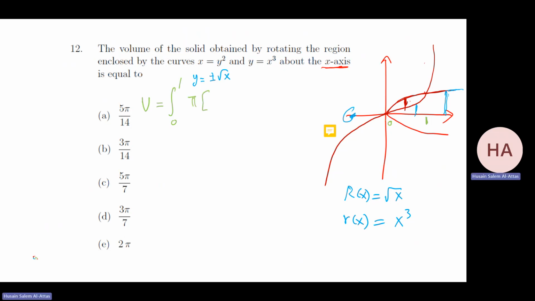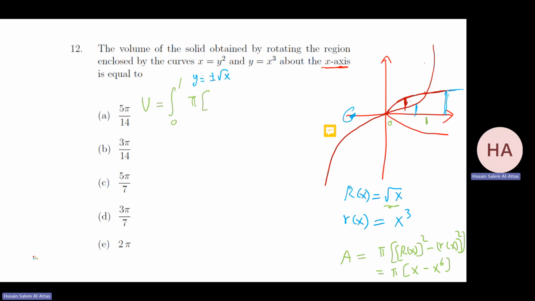Pi times this one squared, or let me say the area. The area is pi times outer squared minus inner squared. Outer radius squared is x, minus x to the power 6.